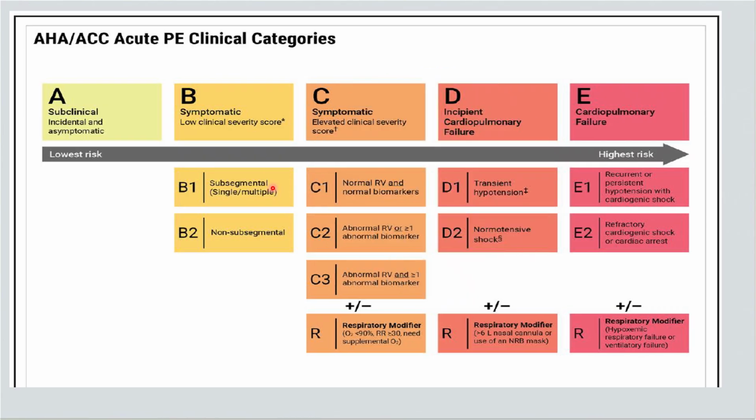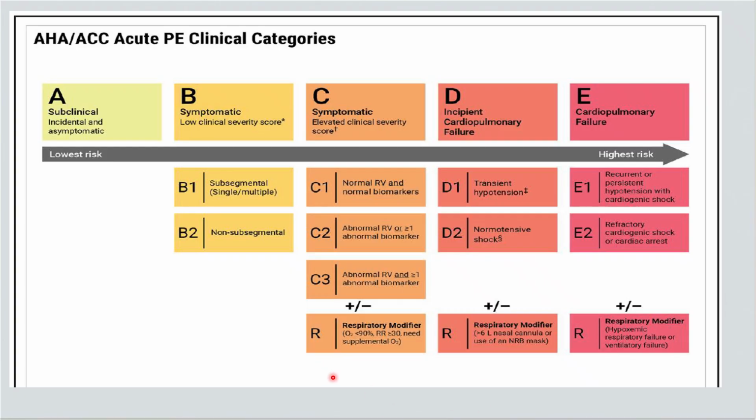Then coming to category C. So C is symptomatic and the chances of adverse effects here are more. So the clinical severity scores, that is PESI, simplified PESI and HESTIA, are comparatively high.